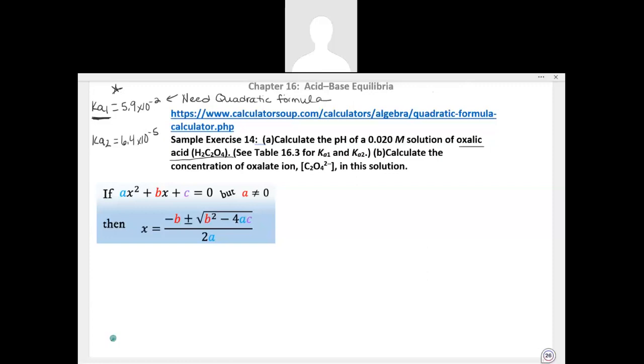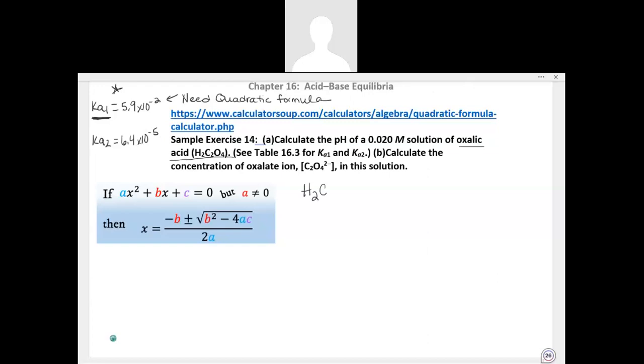This one is to the -2 power, this 5.9 times 10 to the -2. What that means is that at our equilibrium concentration, that x value is no longer negligible. I'll reference this again when we get to that point in our calculation.